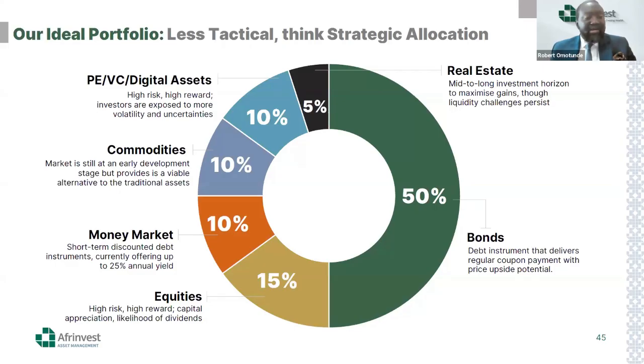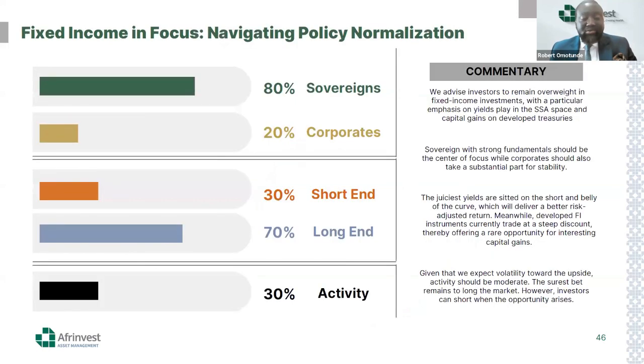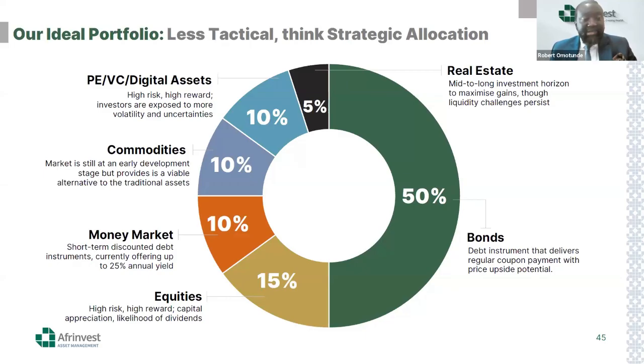And I like where Temitope left it, which is to say, our prognosis for 2025 is that we believe that fundamentals will take center stage. And if fundamentals will take center stage, it's important that investors are aware of where to be invested.